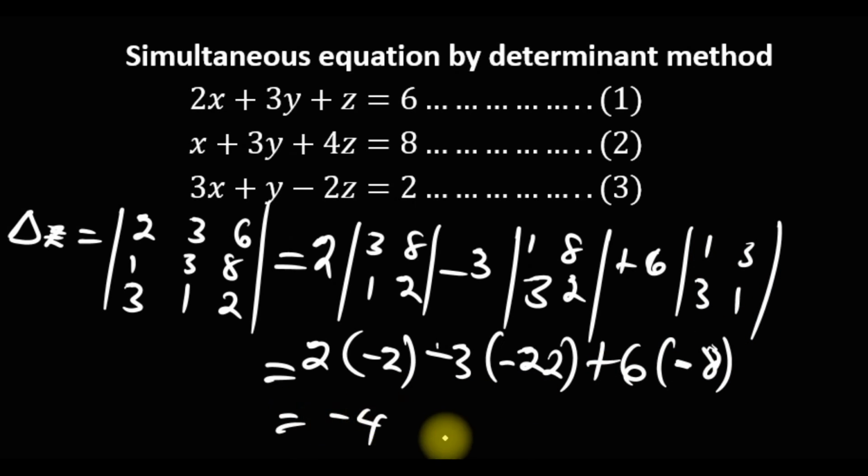So this is minus 4, plus 22 times 3, that's 66, and 6 times minus 8 is minus 48. So we have minus 4 minus 48, which is minus 52. And 66 minus 52 is 14.